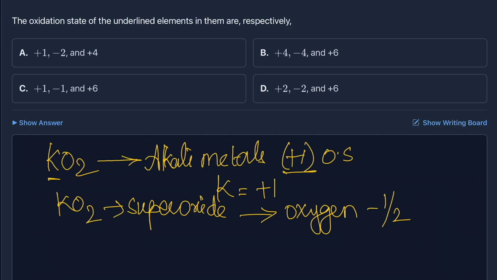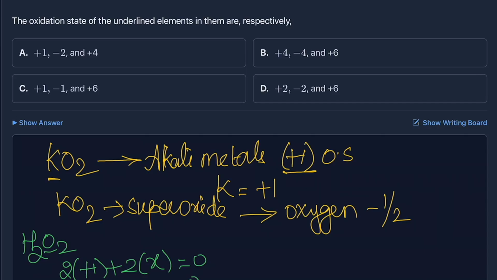Next is H2O2. In this, we have to find the oxidation state of the oxygen. How many hydrogens are there? Two hydrogens, each with oxidation state +1, plus two oxygens, 2 into x, equal to 0.